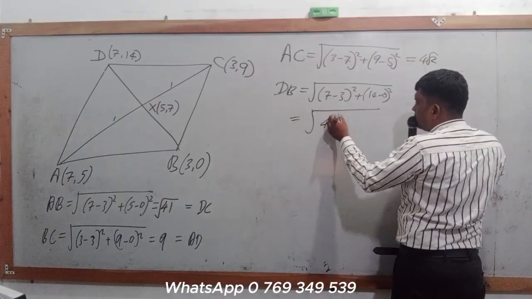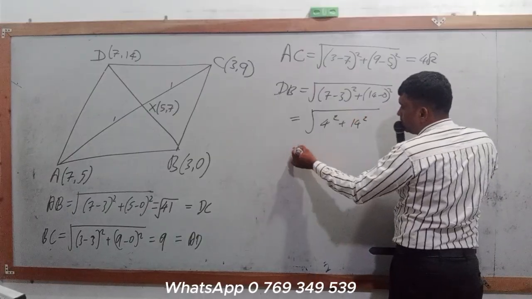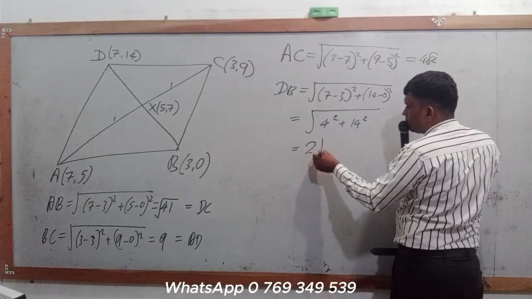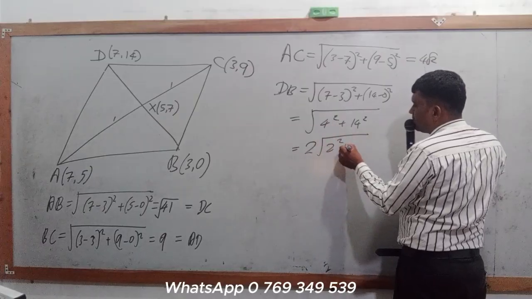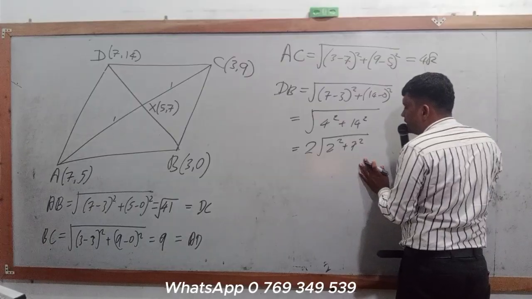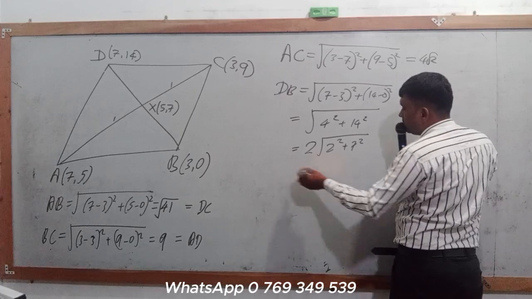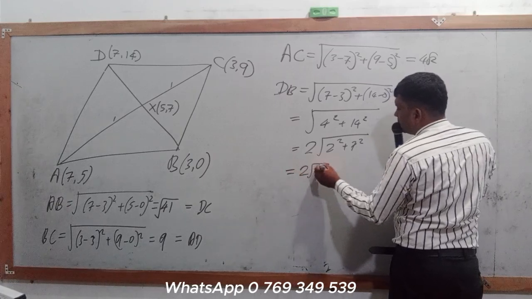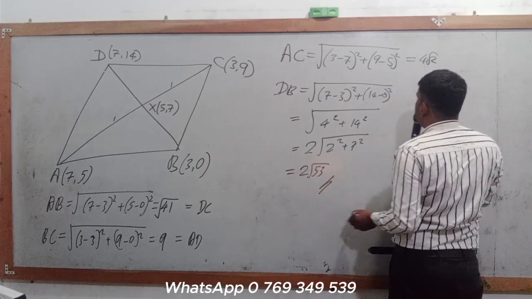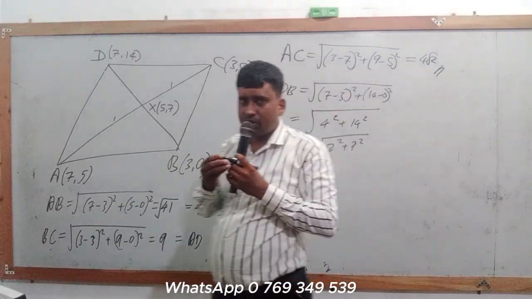Here 4 is square and 14 is square. We can take that 2 and here 2 is square plus 7 is square. 7 square is 49, 2 square is 4. 49 plus 4, 53. 2 root 53. Finish, right? Finish.